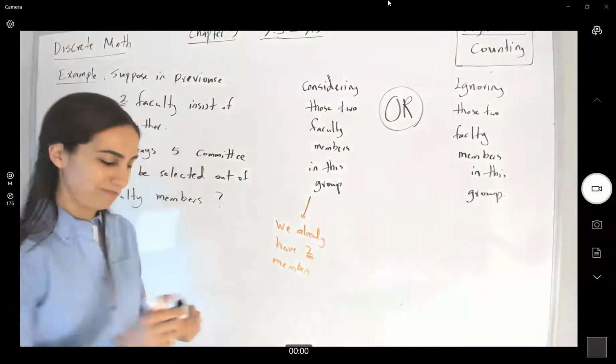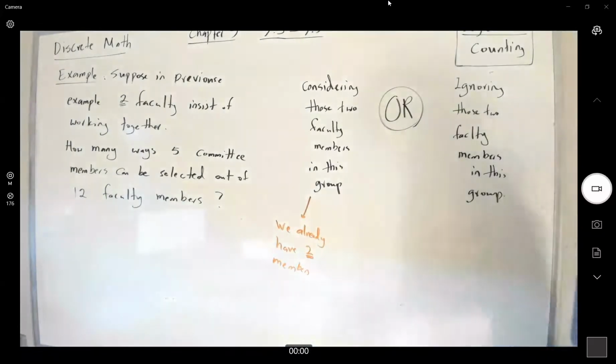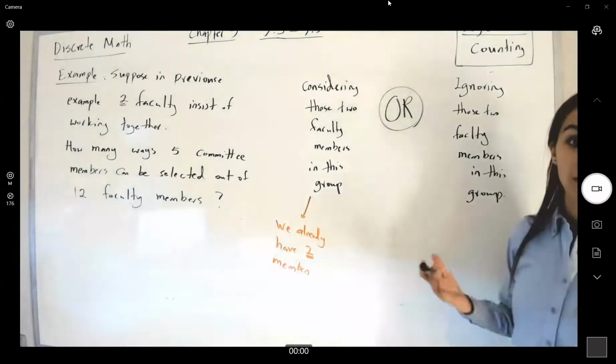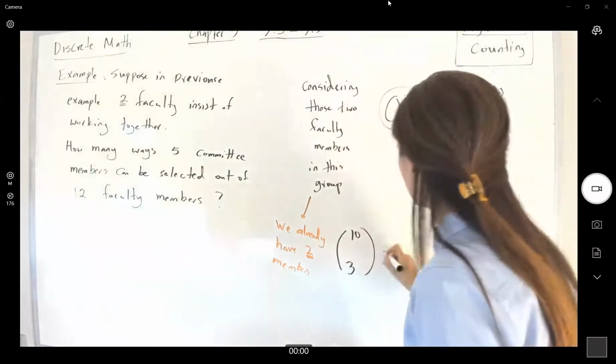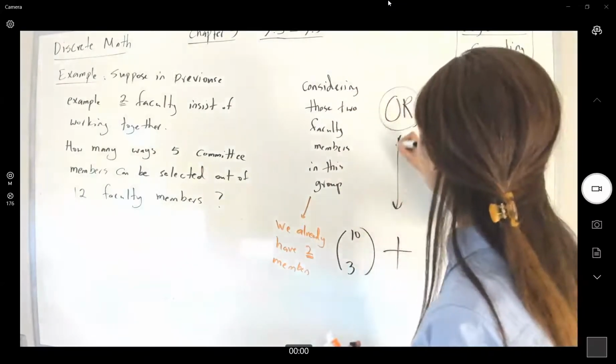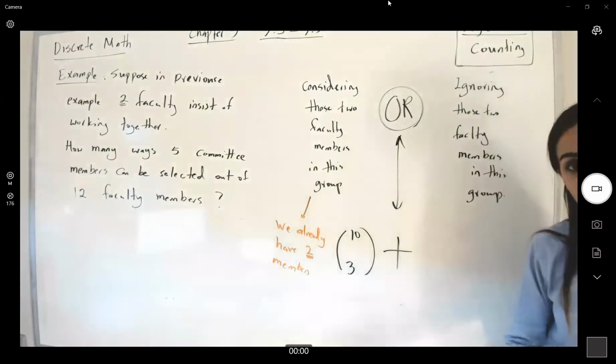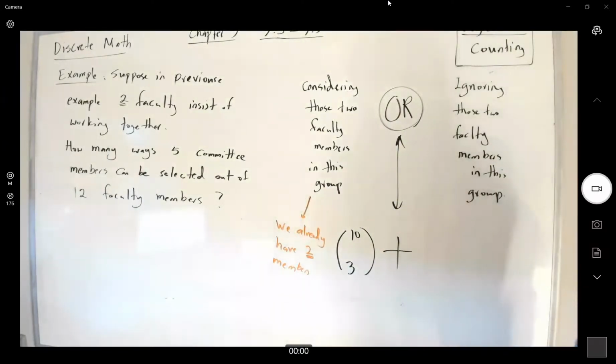How many left? 3 out of 10. So it's going to be 3 out of 10, plus addition.